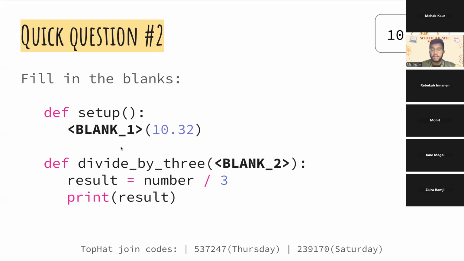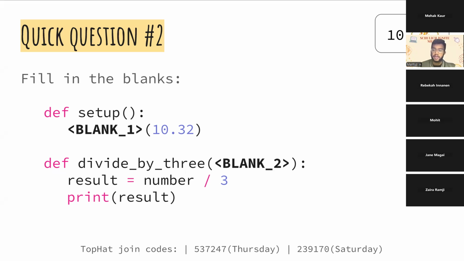Some people are thinking that the name of our function is function, but the name of the function is actually divide by 3. So blank one is going to be divide by 3. That's just a small hint for those that put in blank one is function. And then over here, blank 2 is going to be our parameter. Just a small hint.